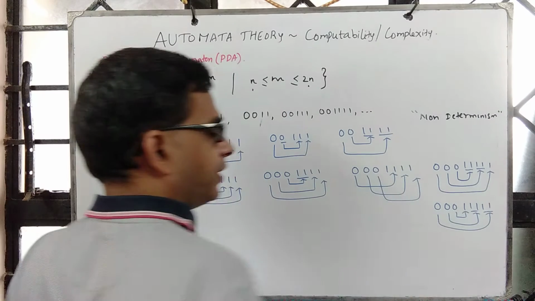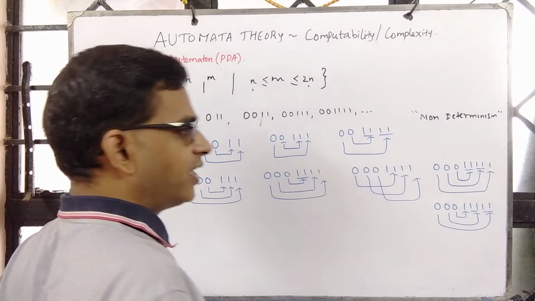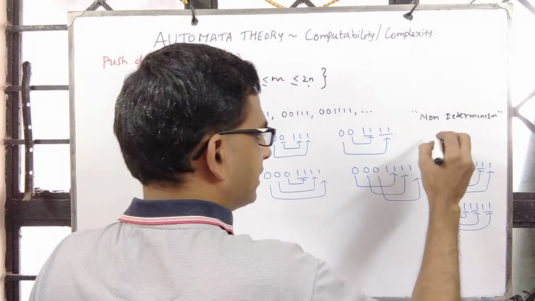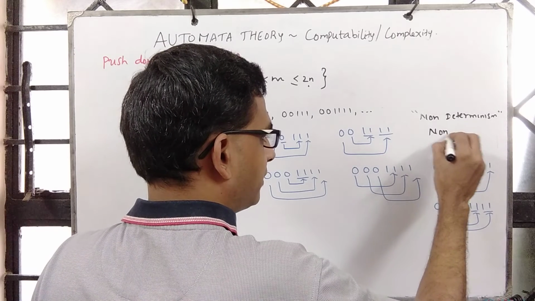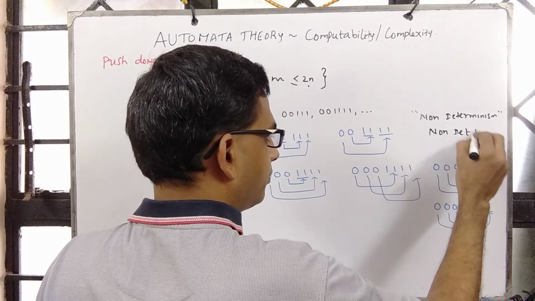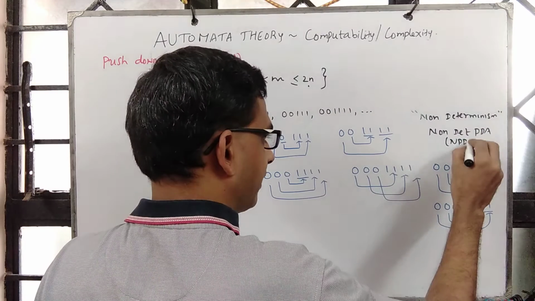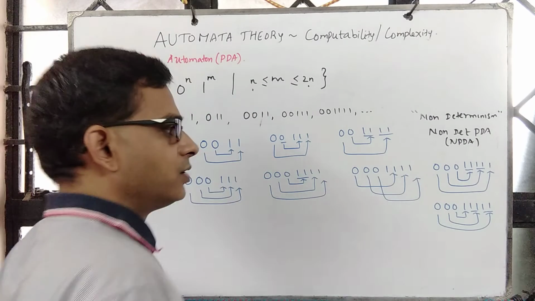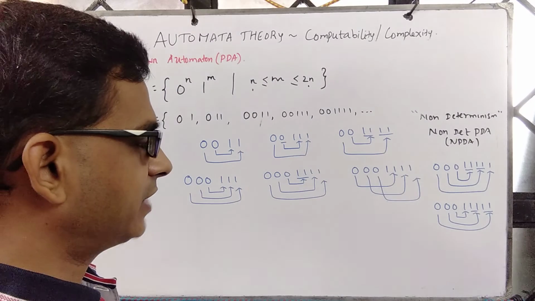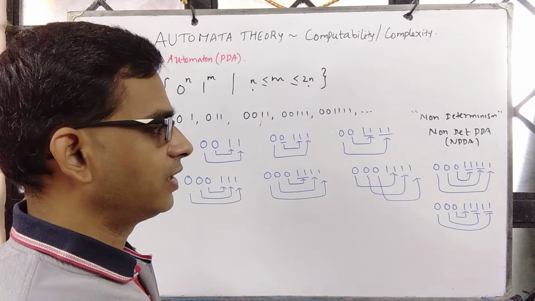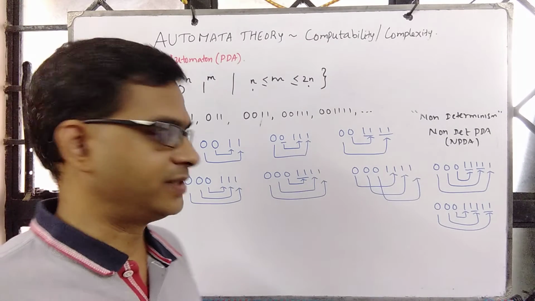So the automaton we look for, because it has to do this guessing, what we design will be a non-deterministic pushdown automaton. It is NPDA. So far, whatever we have designed for 0 power n 1 power n, 0 power n 1 power 2n, they are all deterministic PDAs.